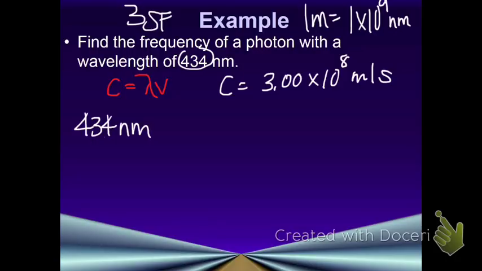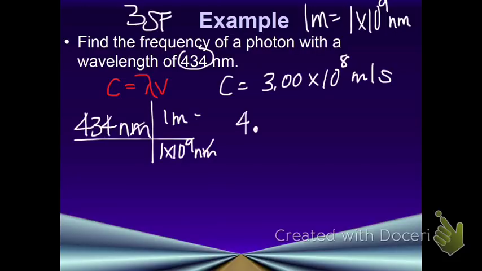Easy way to remember that is they both start with an N, 9 and nano. So 1 times 10 to the 9 nanometers is equal to 1 meter. My nanometers will cancel out, and when I put that in my calculator, I would get 4.34 times 10 to the negative 7 meters.